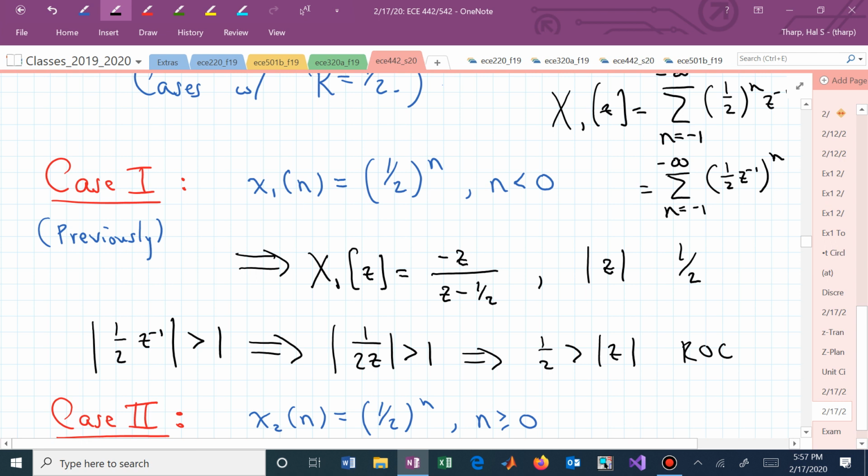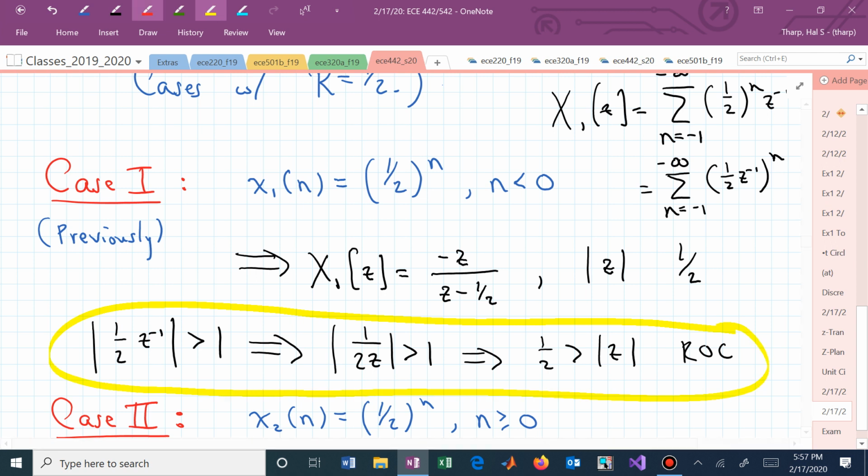The magnitude of z needs to lie inside a radius of 1/2. Or here, if we hadn't done this background analysis, we would have been saying, oh, z needs to have a magnitude less than 1/2. That's our region of convergence for this case, case number 1. And that's what we looked at last time.